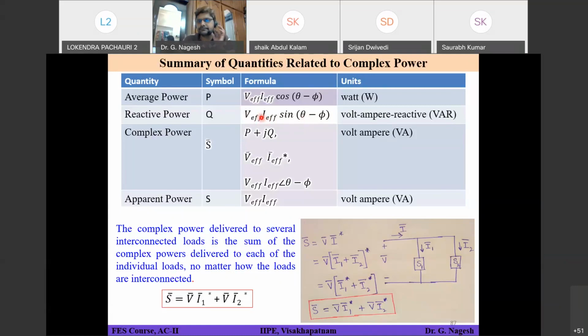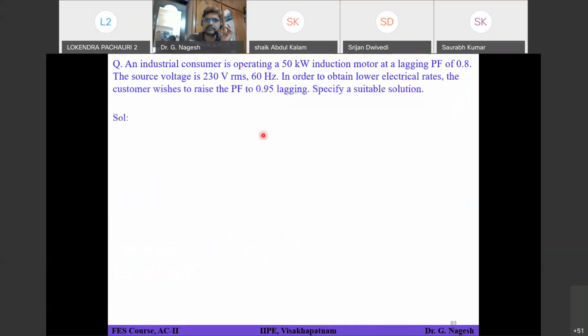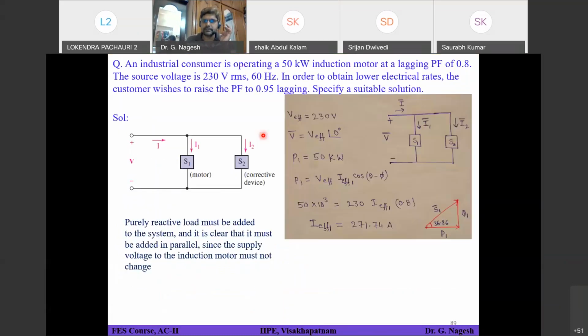Yes, sir. Understood. You'll get the same answer if you check, because I have calculated the current also in the first step. This is the current. So this current into 230 volts into the sine of the angle, which means 0.6.